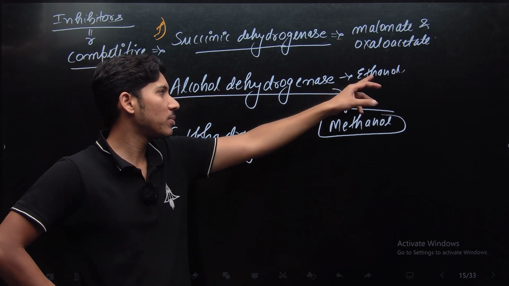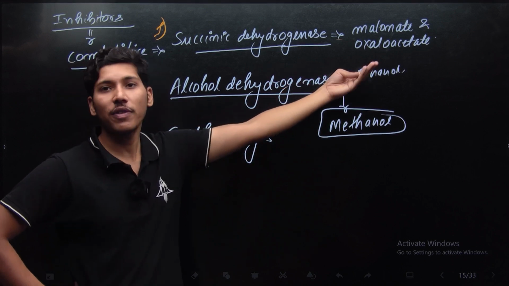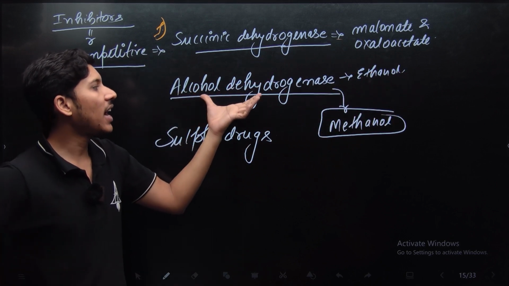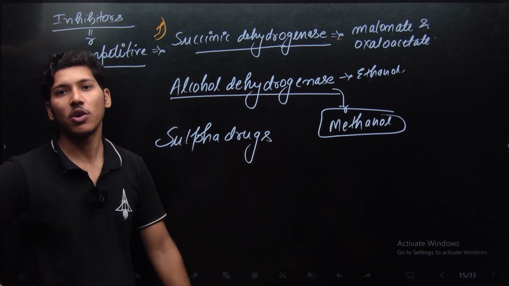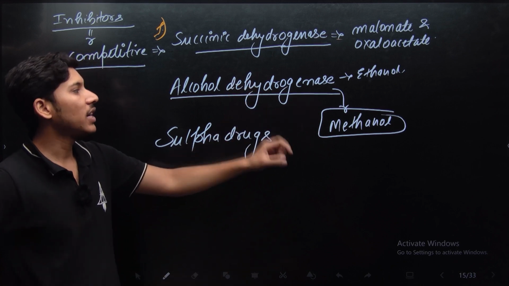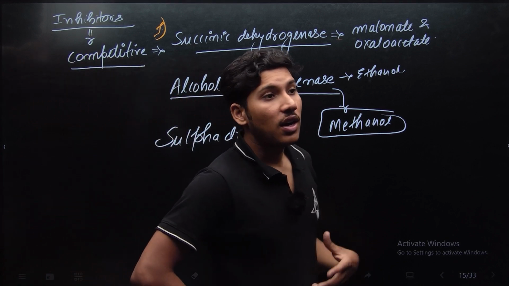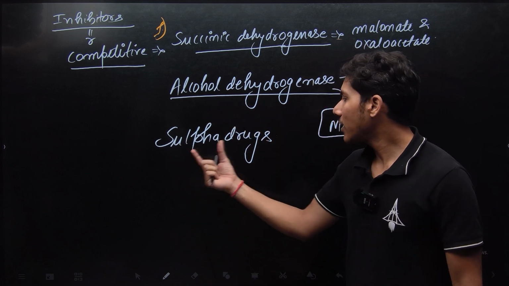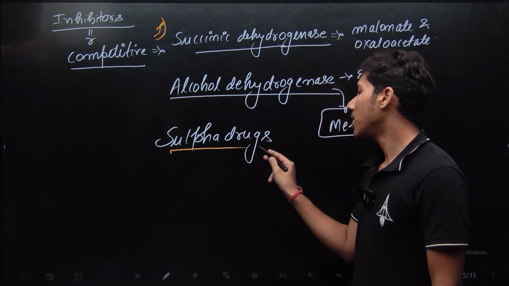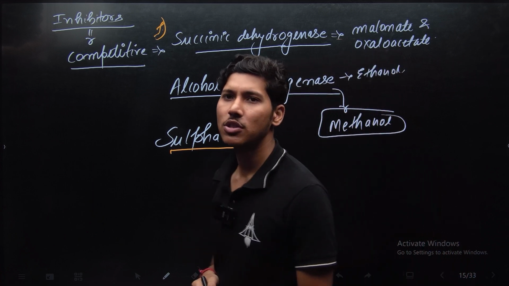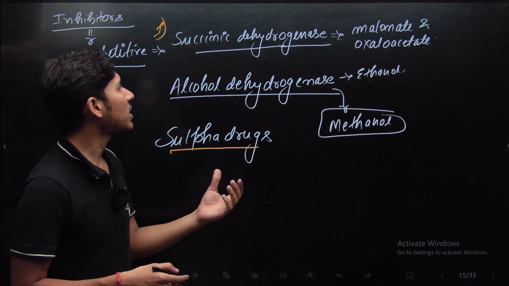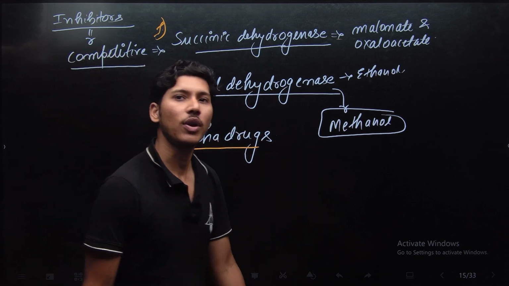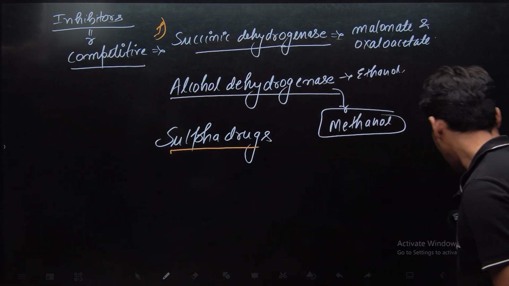Mainly ethanol is produced, but once the amount of ethanol starts to increase, the alcohol dehydrogenase enzyme starts to produce methanol also, which competitively inhibits the activity of this enzyme. Sulfa drug is also an example of a competitive inhibitor, but it is not in your syllabus, so you don't need to remember it. You just need to remember these examples. Specifically, this one is very important. Okay, let's move ahead.